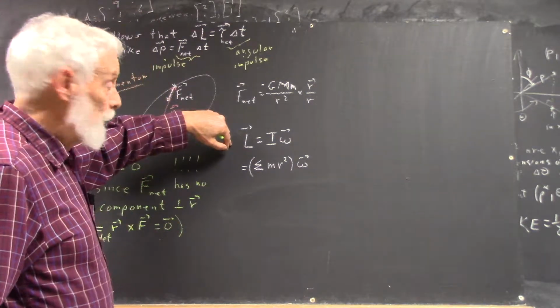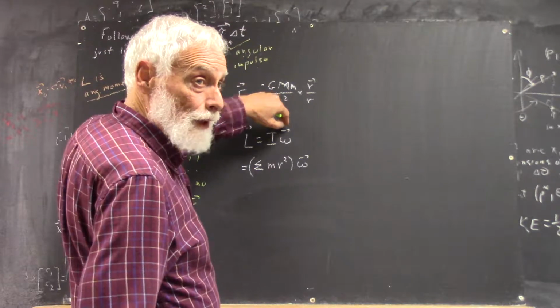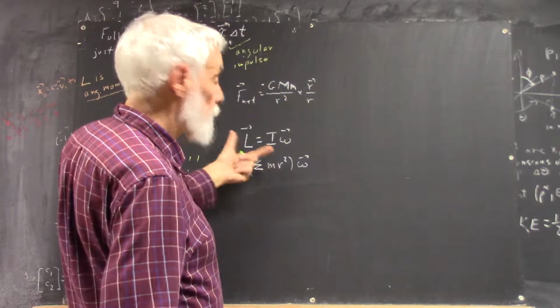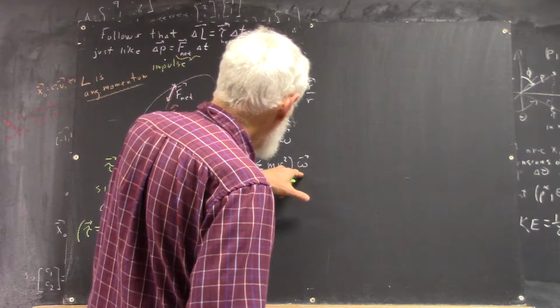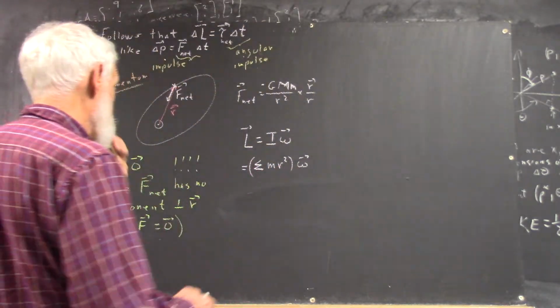Okay, L is I omega. I is the sum of your MR squareds, or the integral of your MR squared. And you multiply that by omega.